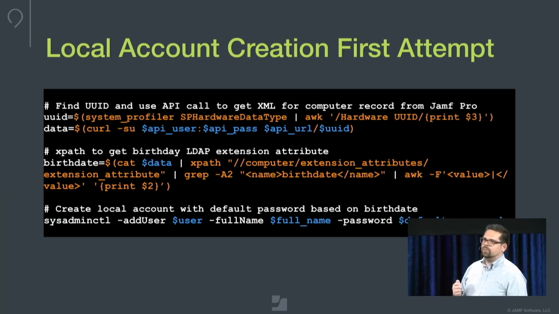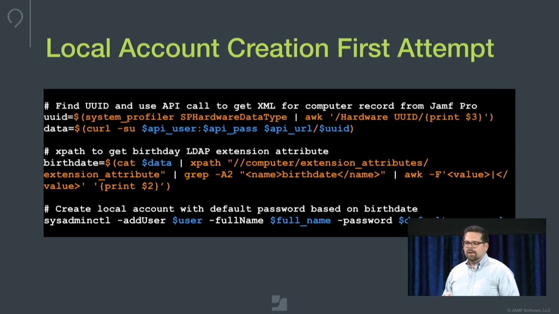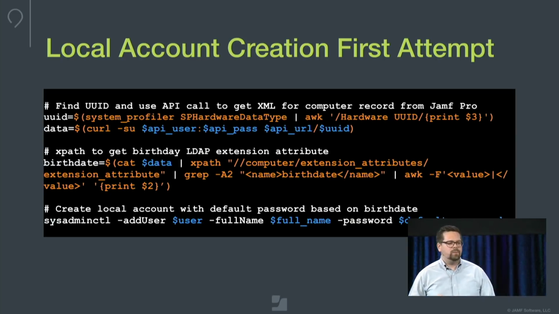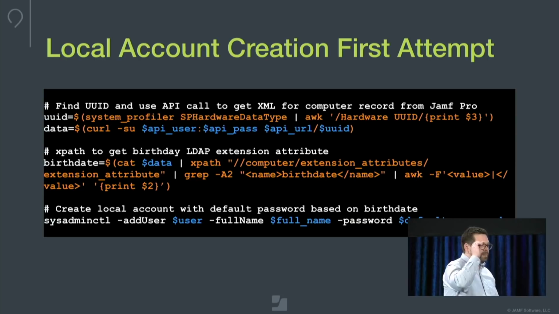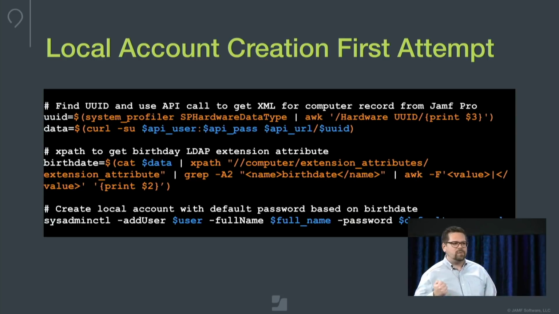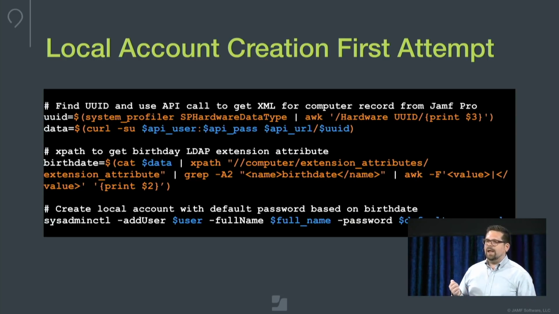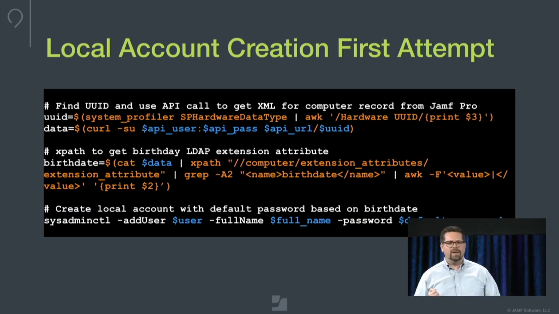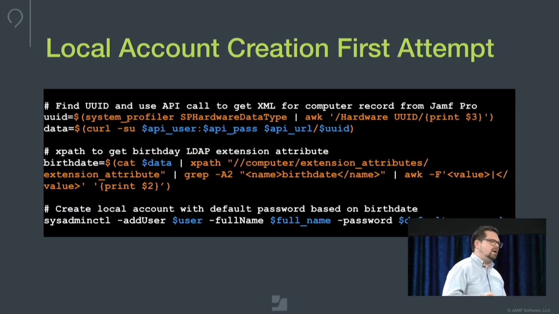So again, this worked pretty well. The real problem was that if it failed, there was no user interaction telling them that it failed. And also, they had to wait at the login screen like maybe 20 seconds before Jamf kicked in, and then that script ran.